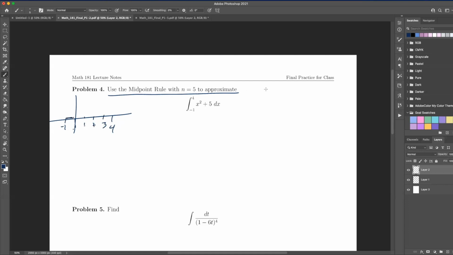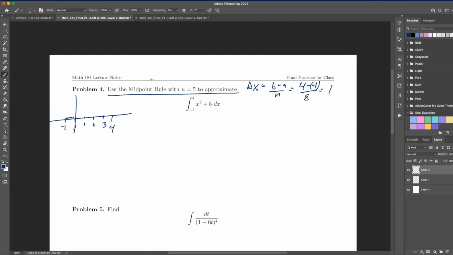So if I'm splitting this up by 5, my delta x here is 4 minus negative 1 divided by my n. Let me actually write down the formulas for you guys. So delta x is equal to b minus a over n. And in our case, it's 4 minus negative 1 over 5, which is just, of course, 1. So our delta x is 1 unit.